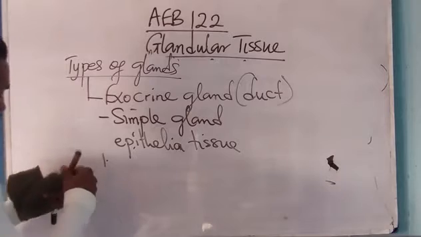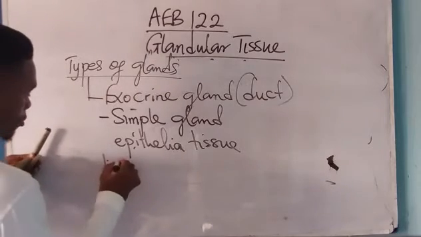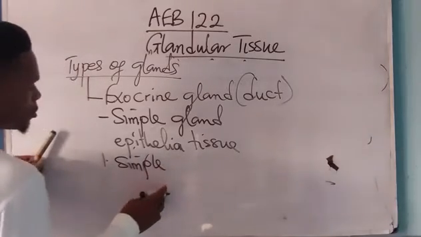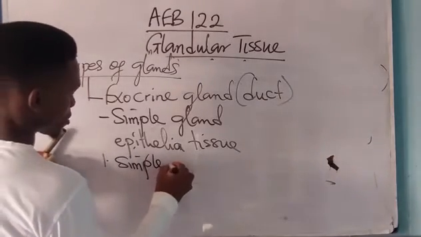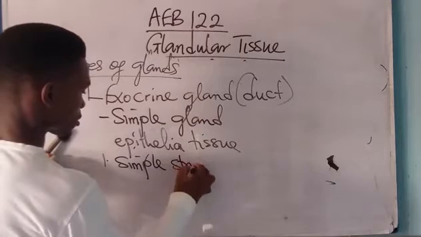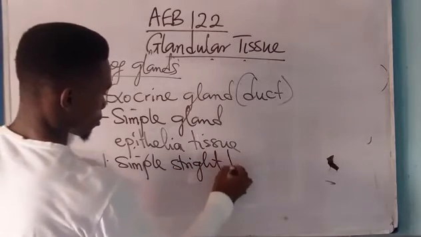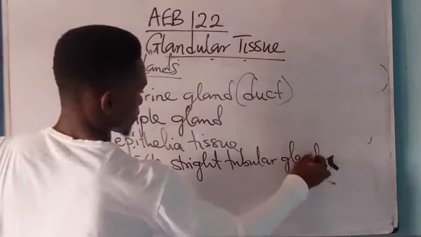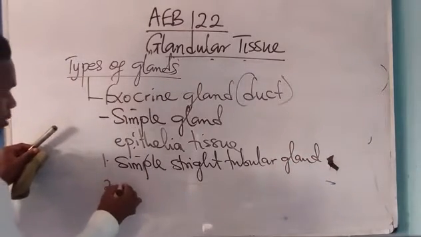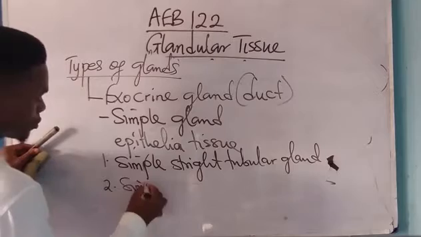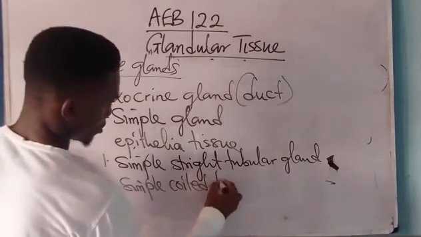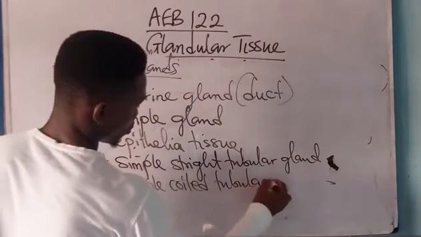One, simple straight tubular gland. Two, we have simple coiled tubular gland.